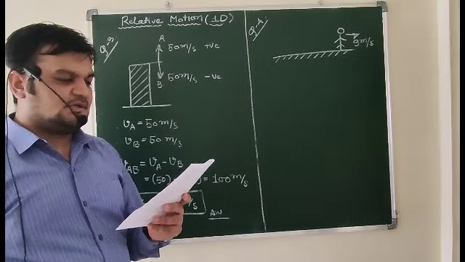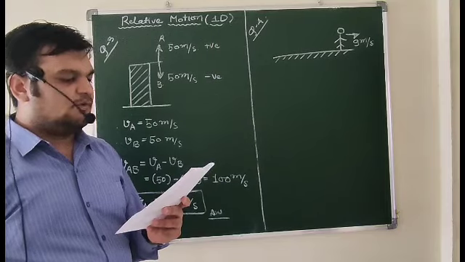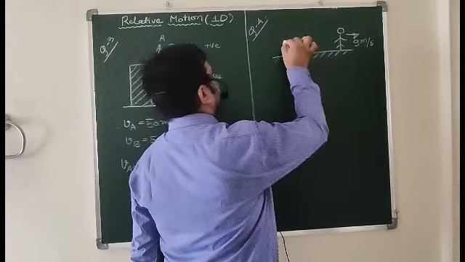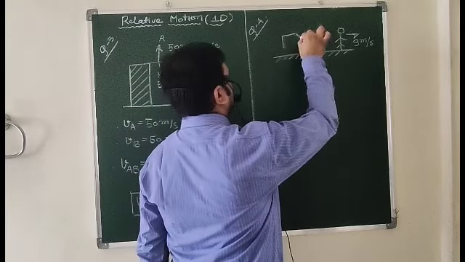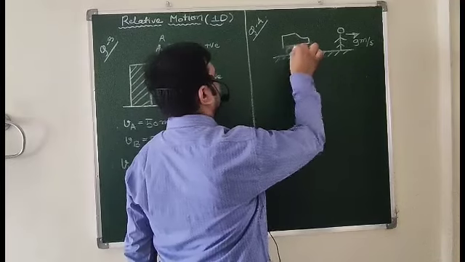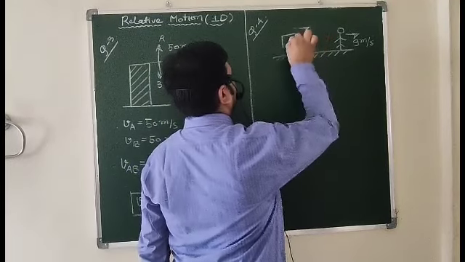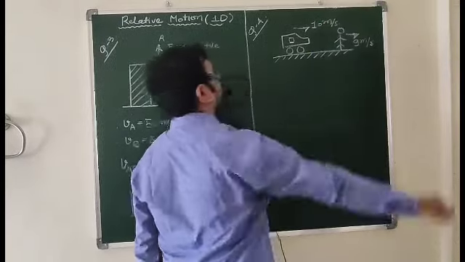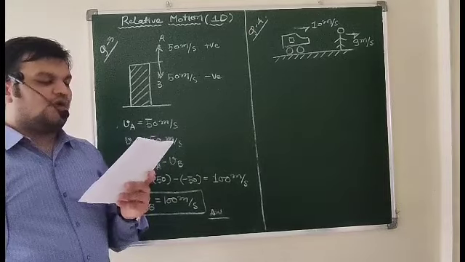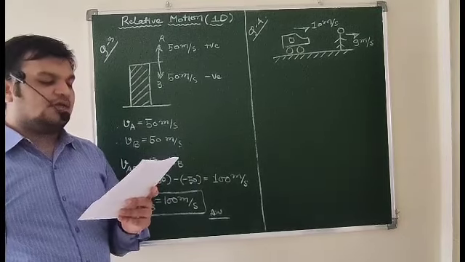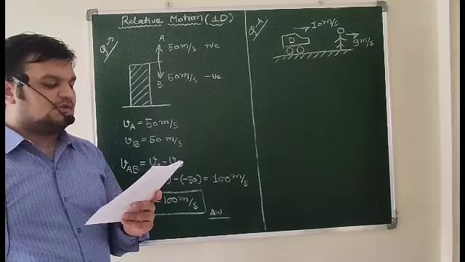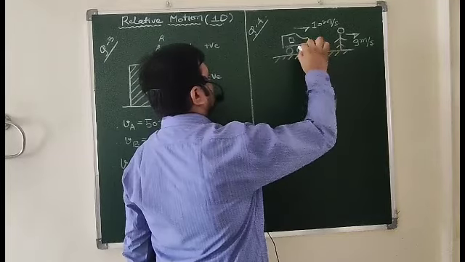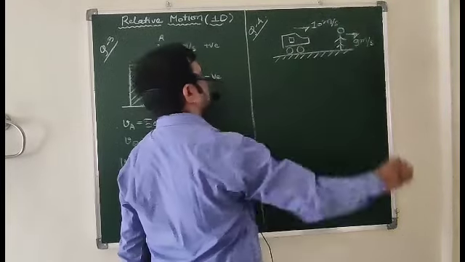From the second sentence, a policeman chases him on a jeep which is moving with a speed of 10 meter per second. So here, a jeep of a policeman which is moving with 10 meter per second. So ultimately, we have to find out the time that will be taken by the jeep to catch the thief.